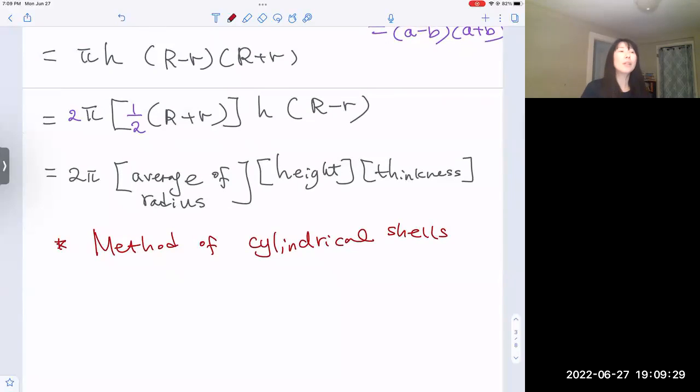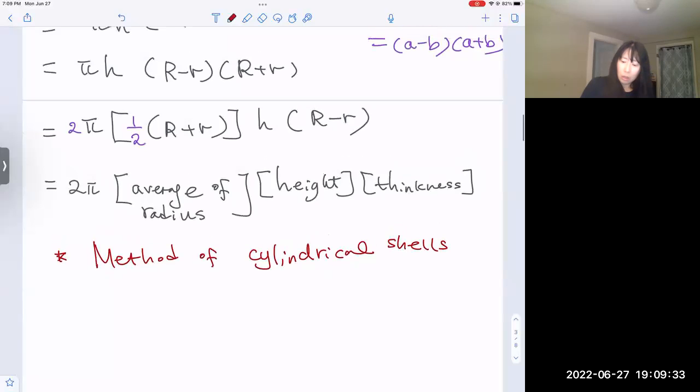So look, we have the average of radius, we have a height, and we have a thickness, right? So we denote this one. We have to understand cylindrical shells. Then the computation is much, much easier.